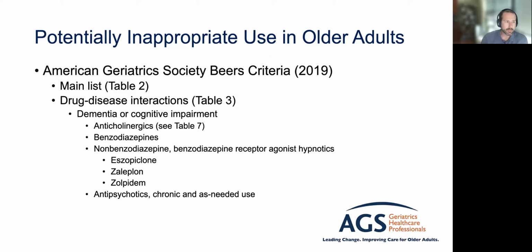And so one of the themes that you'll quickly pick up on is CNS active medications or psychoactive medications. We have our anticholinergics, benzos, Z drugs for insomnia, and antipsychotics.